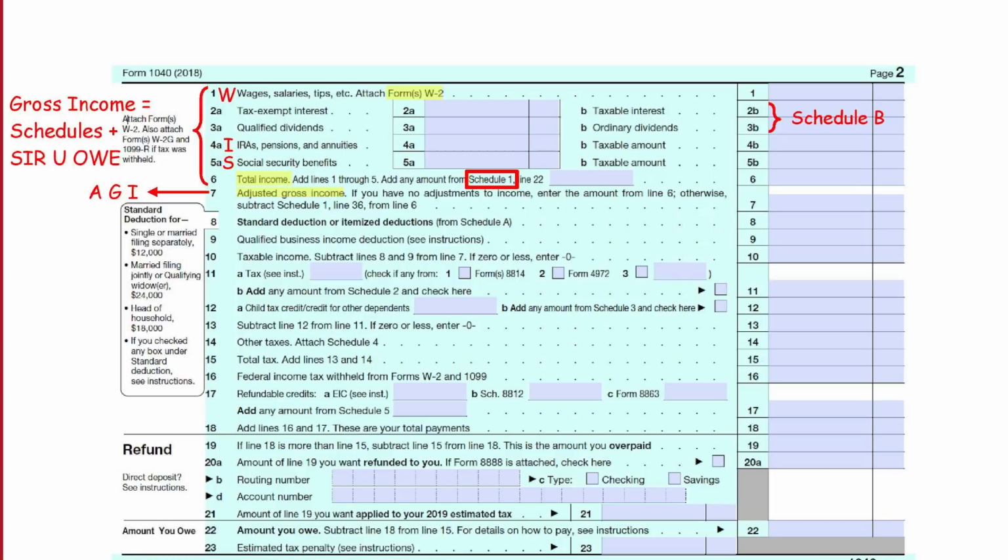So basically, if adjustments equal 0, then your gross income or total income is your AGI. But otherwise, subtract, put a box around Schedule 1, line 36 from line 6. So Schedule 1, line 36 is the total amount of adjustments that you subtract from line 6, the line for total income or gross income.